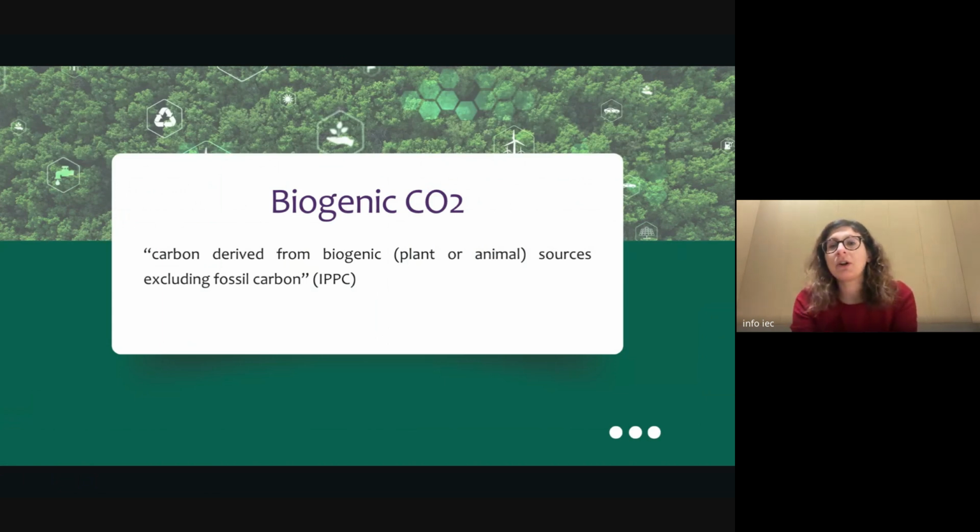I want to introduce the concept of biogenic CO2. So not all carbon is alike. Biogenic CO2 is carbon that is derived from plant or animal sources and excludes fossil carbon. So when we talk about carbon capture from hydrogen, blue hydrogen is where you generate hydrogen and capture carbon from things like methane.